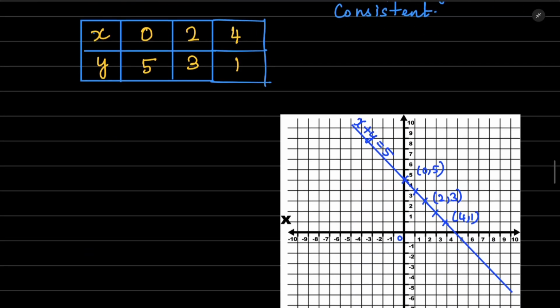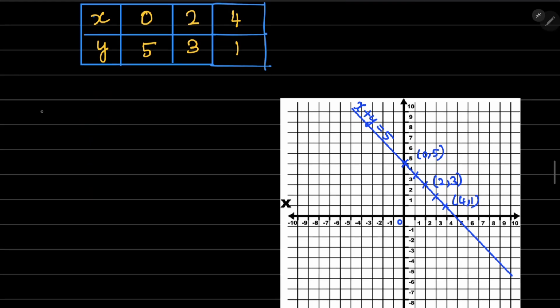Okay. So as an answer, what can you write? 0, comma 5, 2, comma 3, and then 1, comma 4, right? And then 3, comma 2. All of these are the solutions of the equation.